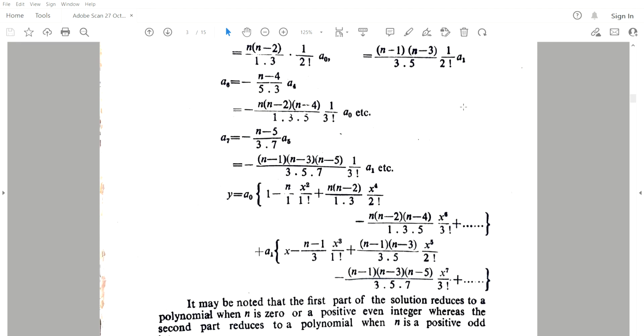Say n is equal to 8. That means up to n is equal to 6, it will be non-zero, and after that it will be 0. Therefore, that will be a polynomial. Similarly, if n is an odd integer, then a0 will give an infinite series and the a1 coefficient will be a polynomial. This is the solution of the given differential equation.